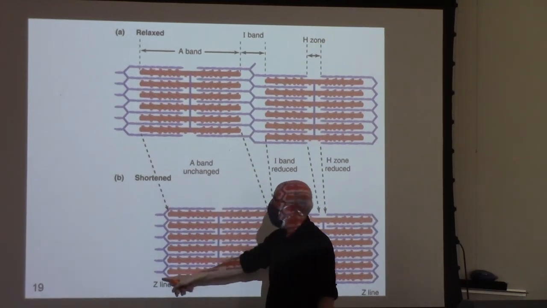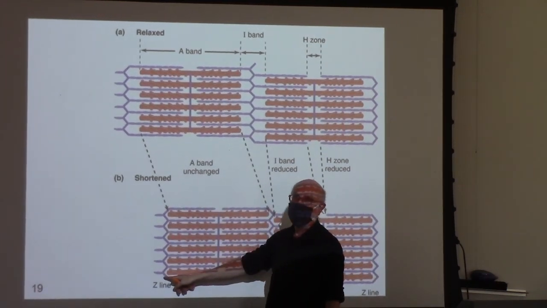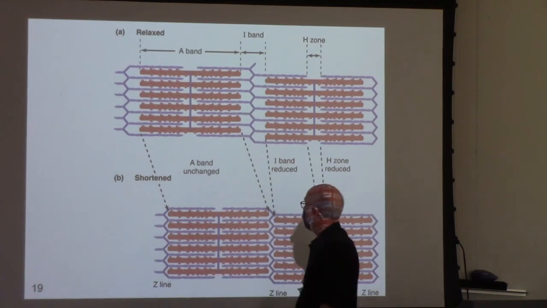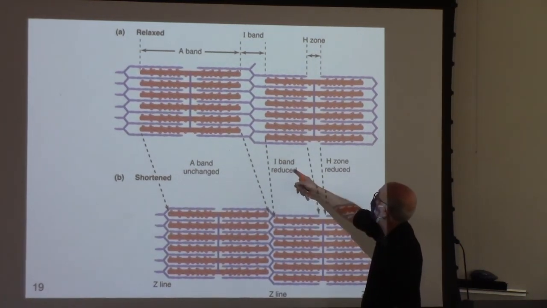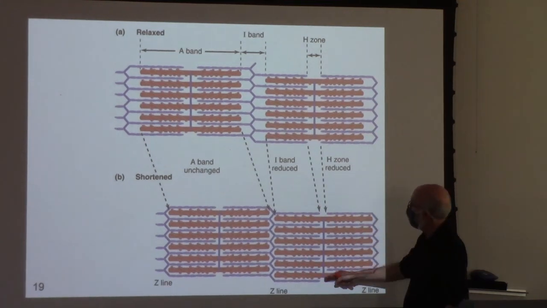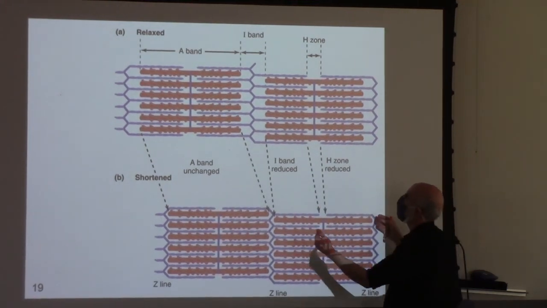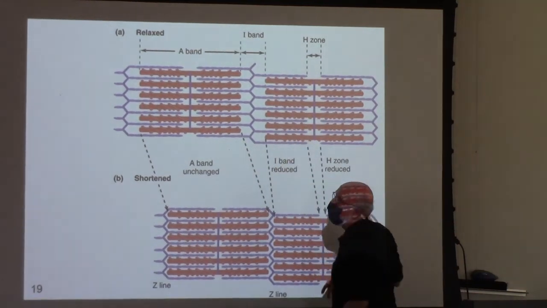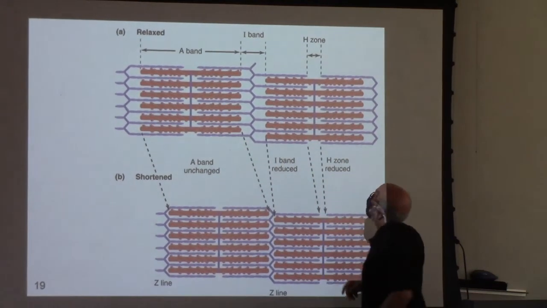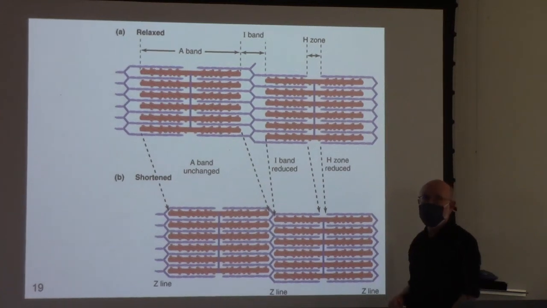So the I band gets shorter. The H zone also gets shorter for the same reason. These have been pulled this way and shortens the H zone.